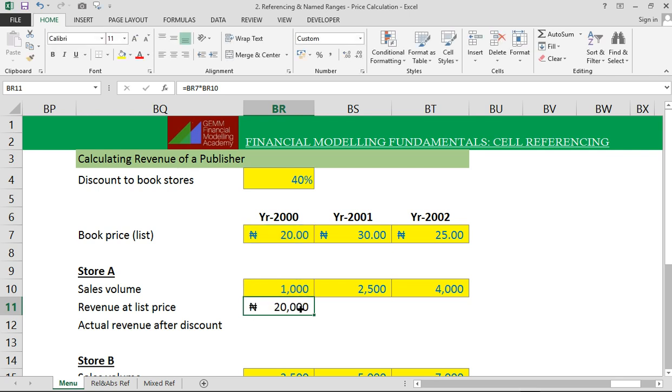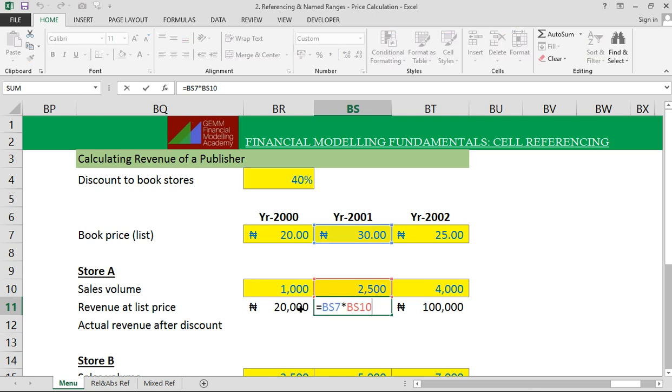So when you click enter and you drag this to the right, Ctrl R, and you look at the formula, here is BS7 times BS10, as against what you have here, BR7 and BR10. So it has moved relatively to the cell you copied to, because this column is BS, this column is BR.